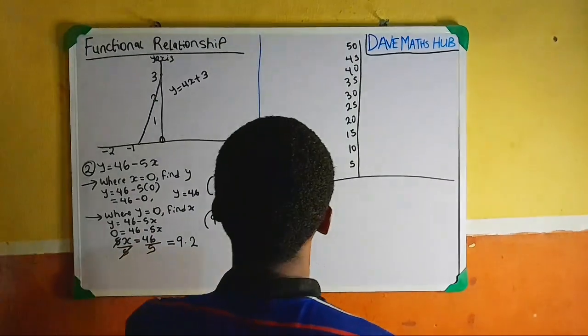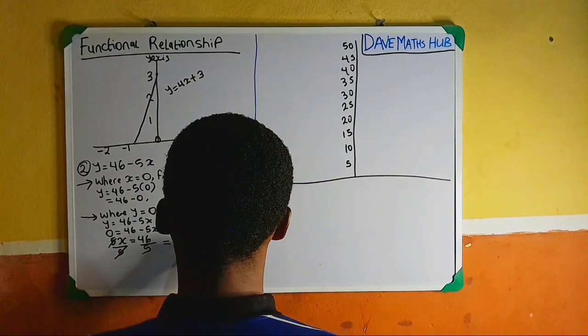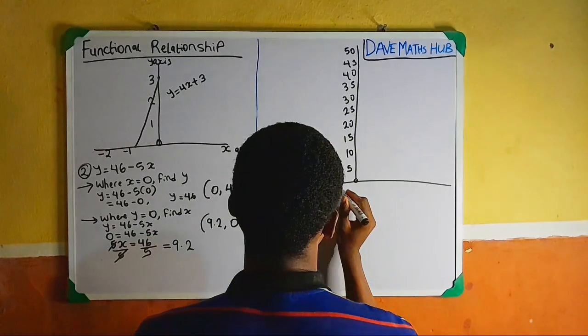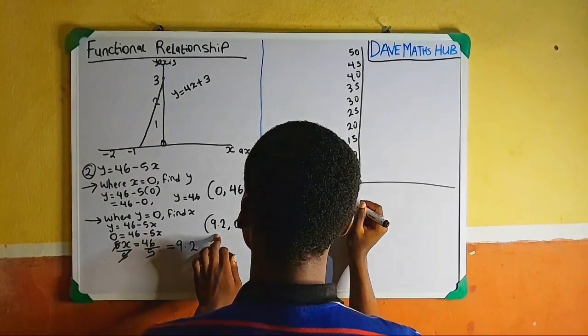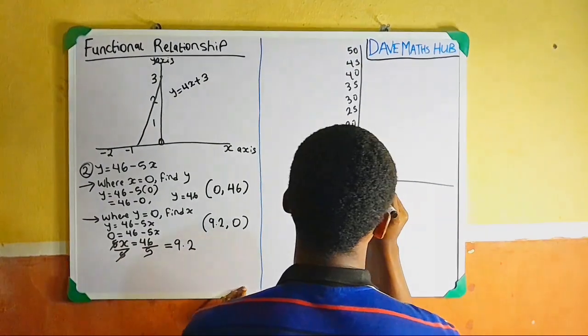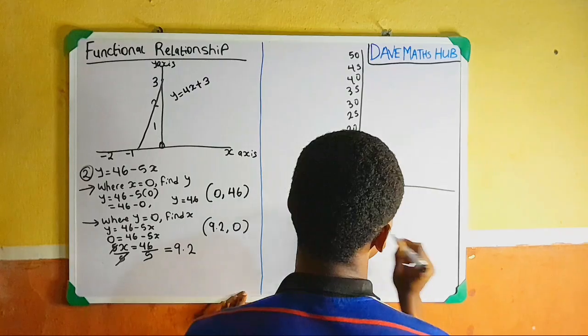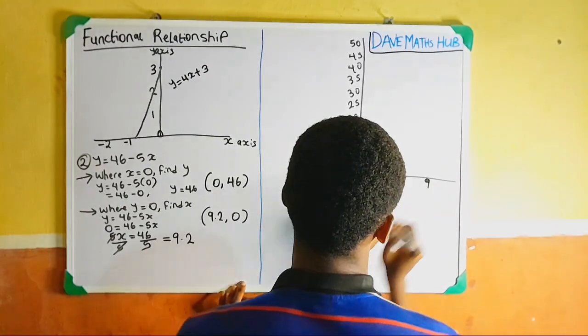That's our y-axis. Then here becomes 0, and since x is 9.2, a positive number, we can make this 3, 6, and 9.